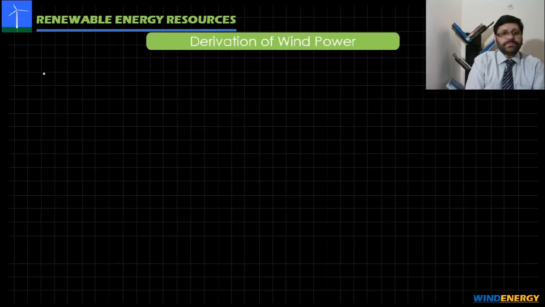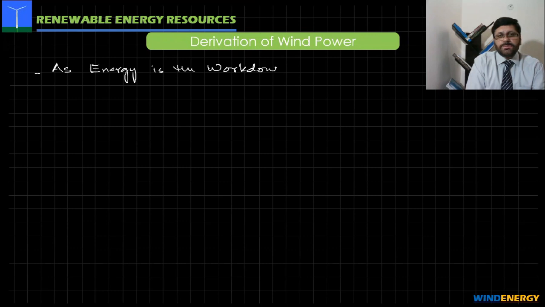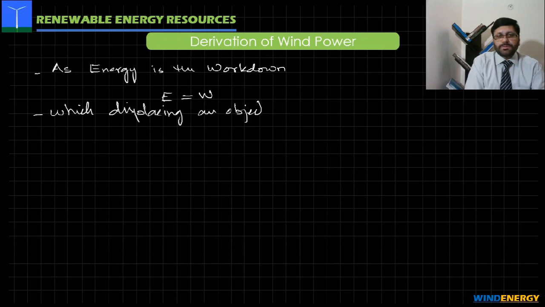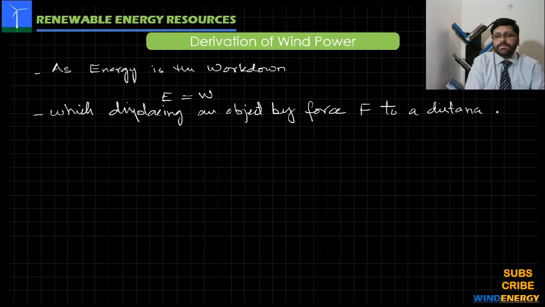Now, as we know, energy is the work done, E is equal to W, which is displacing an object by force F to a distance S. So we can write this expression as E is equal to Fs.